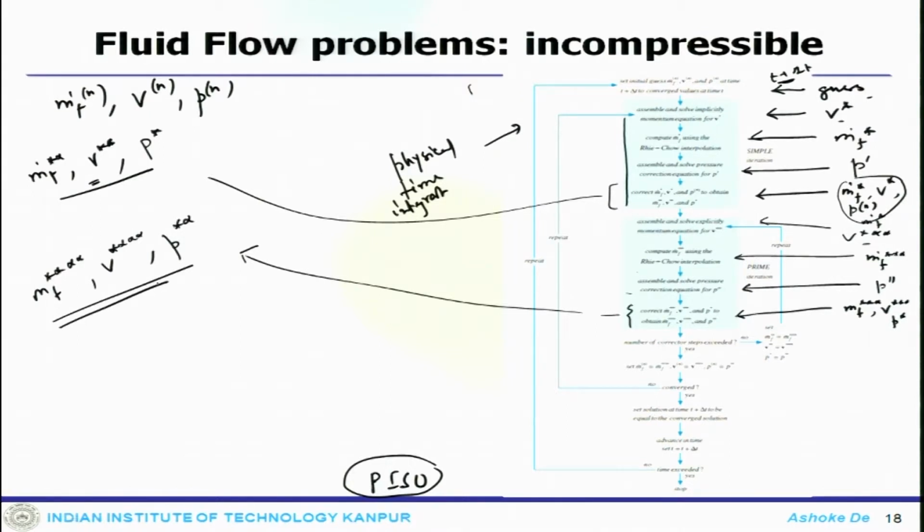Now, if the number of corrector steps is exceeded, if yes then you move on, if no then you assign those values to the double star values and repeat this process. So, this is the part of the PISO algorithm, and this is repeated.